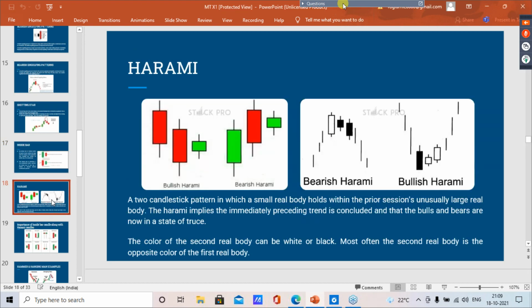When it comes to Harami, it is just that there will be a color code variation in the inside bar. Apart from that, the remaining aspect remains same. So I'll just wait for a few more minutes. Okay, we shall start quick revision.